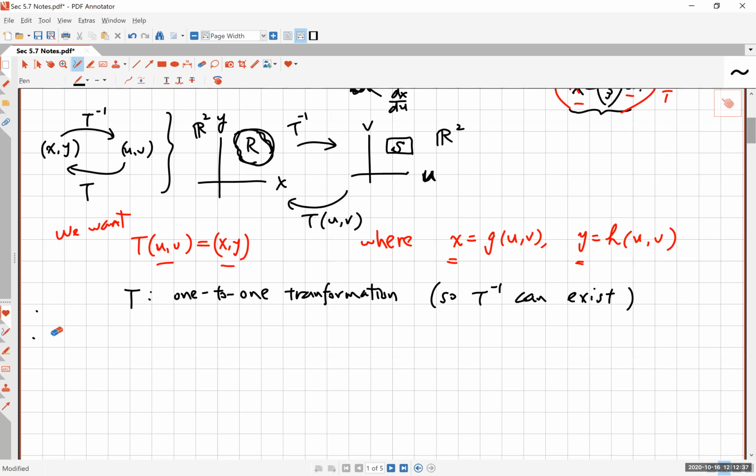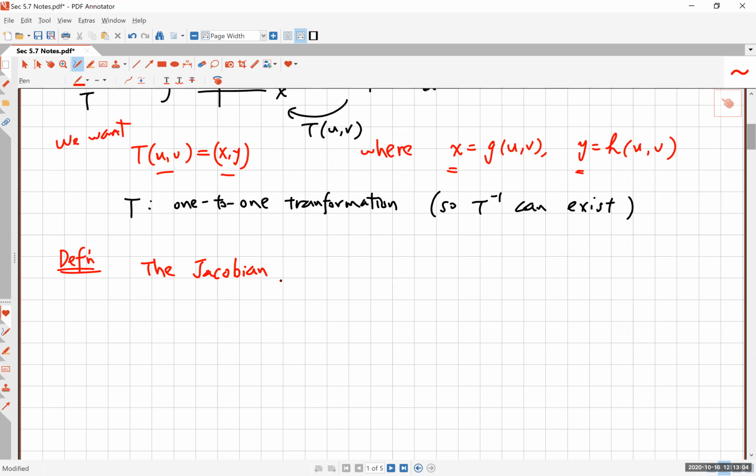Now with this, let me give you a definition of the topic of this section, which is the Jacobian. All right, so here's the definition. The Jacobian of T(U,V), the transformation, is, now remember the setup is this: X is defined as G of UV and Y is defined as H of UV.